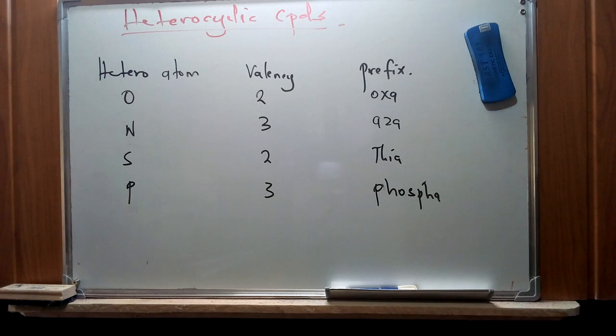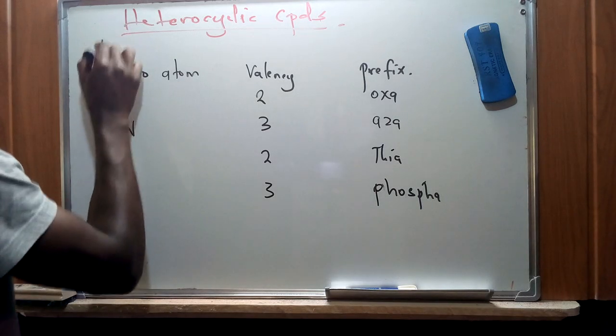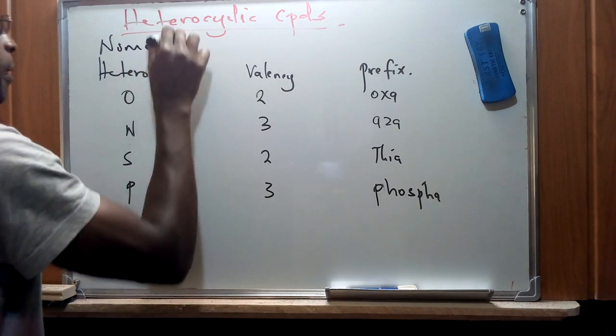Now in this case, just like the alkane series which formed the parent naming system for the other classes of organic compounds that we discussed, ranging from the alkenes, alkynes, the carboxylic acid, etc., we are going to see that the nomenclature for the heterocyclic compounds is going to have a specific order.